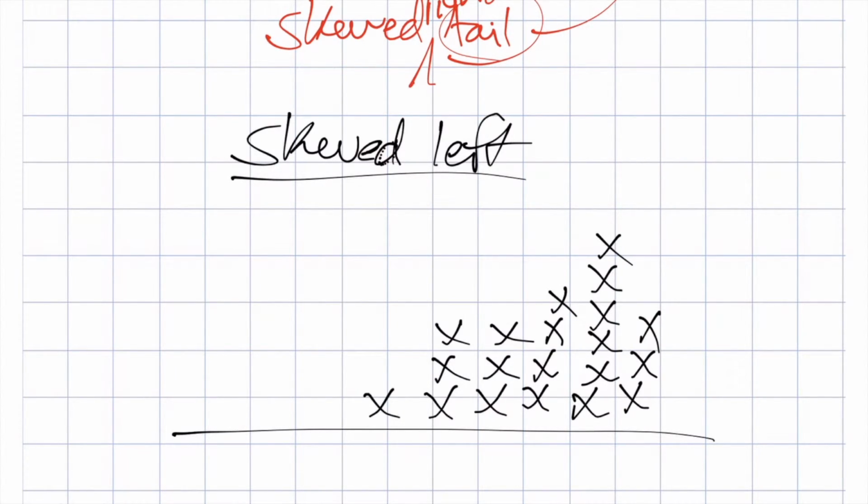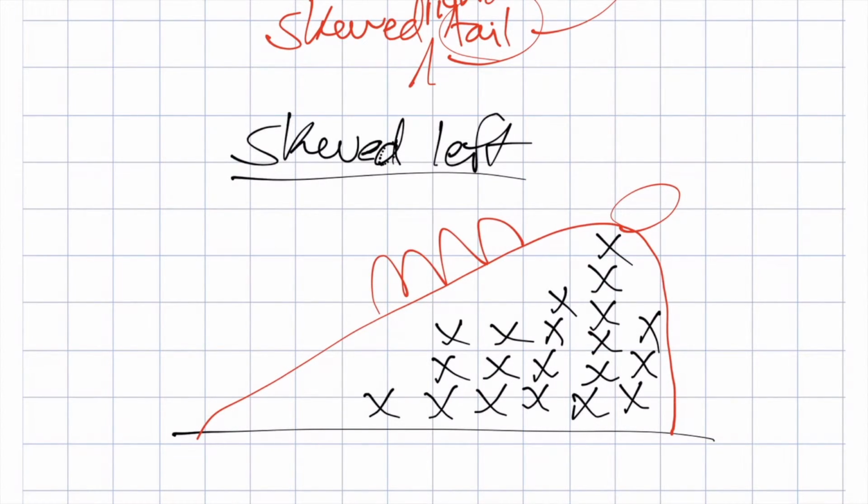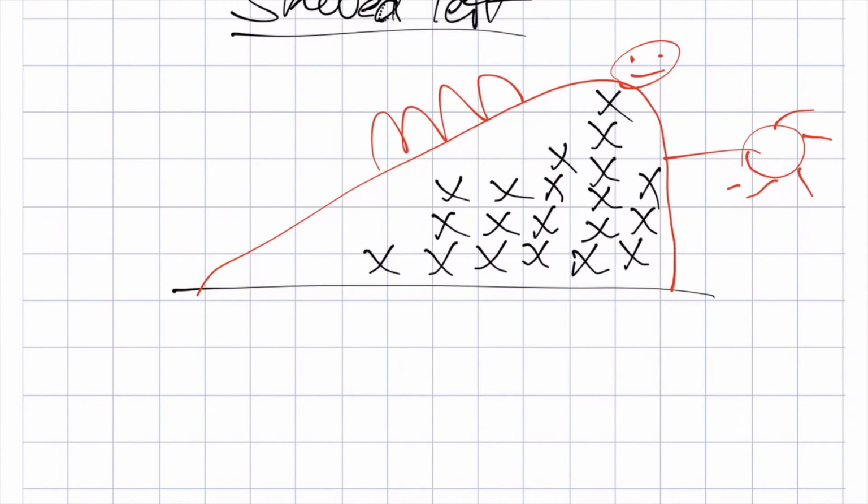Okay. Draw this curve. And like before, draw our little dino friend. And this will be skewed right.